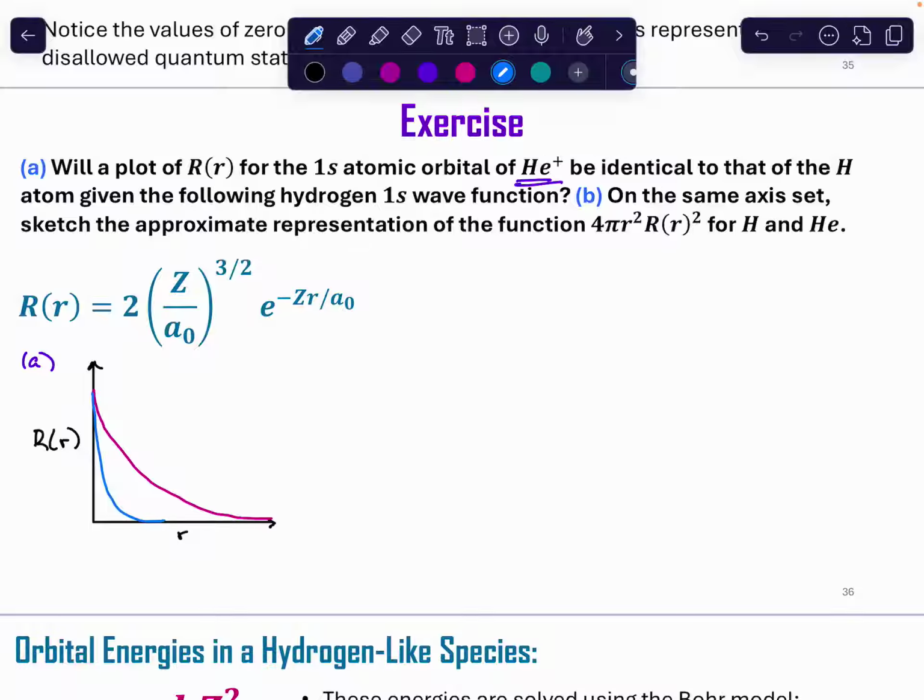So you notice how the, and this will be hydrogen, this will be helium. Now you notice how the hydrogen has a much smoother slope.